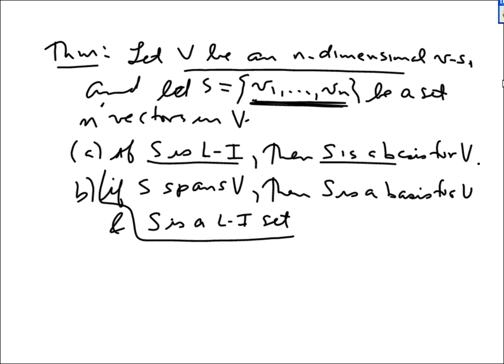It's nice to say this: if S spans V and S has n vectors, then S is a linearly independent set. They go hand in hand.